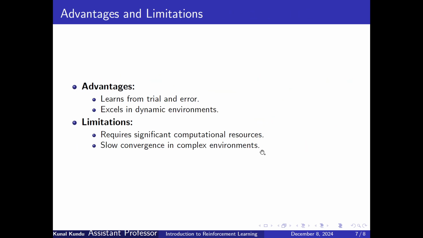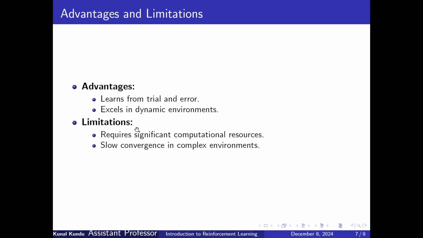Now let's discuss its advantages and limitations. Like every technology, reinforcement learning has its strengths and weaknesses. Let's discuss advantages first. It is highly adaptive and can excel in dynamic, ever changing environments. It learns directly from trial and error without needing labeled data.